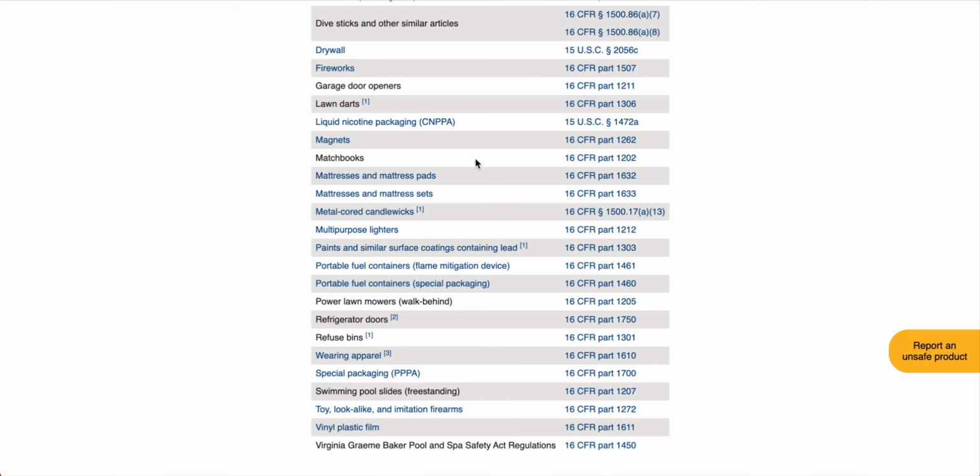Let me see if I can find that one. Yeah, down here. So essentially you have three categories of requirements here. You have those that apply to specific product categories, you have those that apply to certain components, and also to substances. This means that more than one can apply to a given product, which is important to understand.